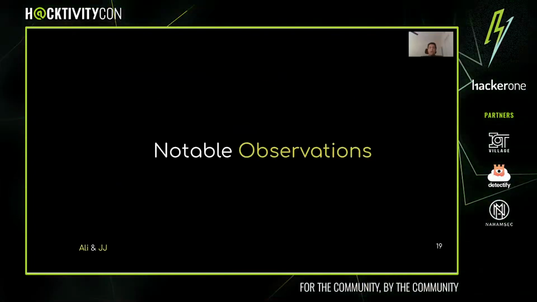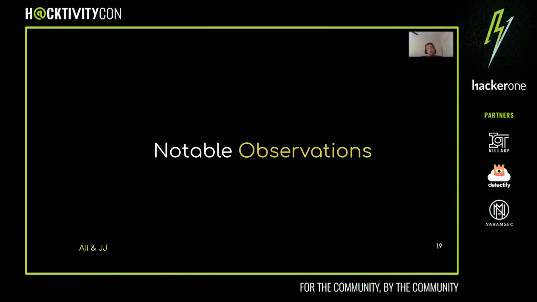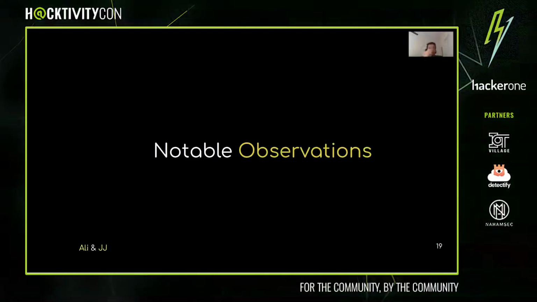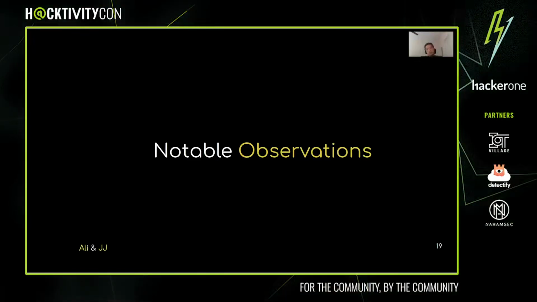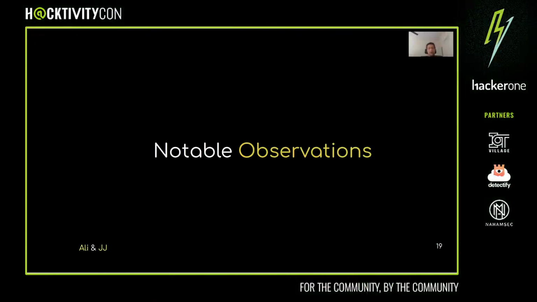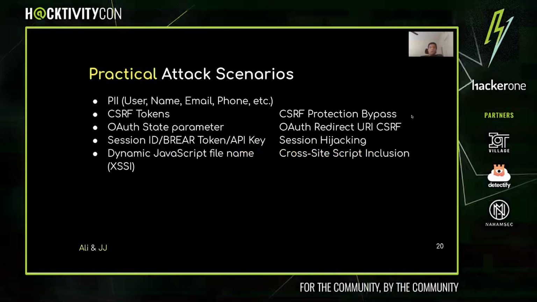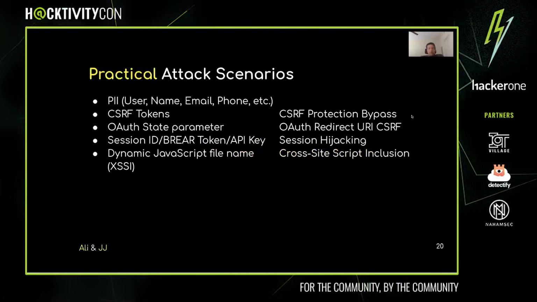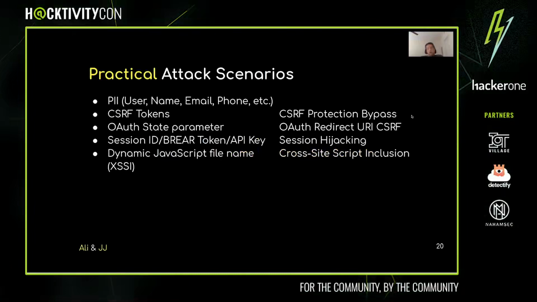Besides the scale analysis, we discovered lots of different enabling factors besides the web cache deception exploitations. And in this part of the presentation, we are going to share the notable observations we had during the scale analysis of web cache deception. Besides the effectiveness of the path confusion, we noticed that web cache deception is mostly known as a technique that can disclose sensitive information and PII.